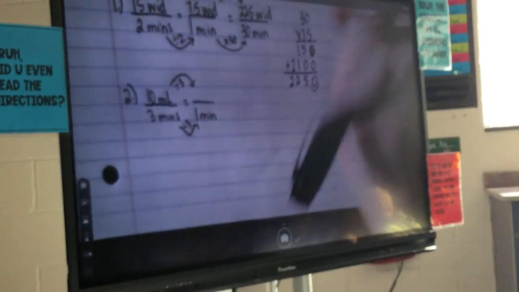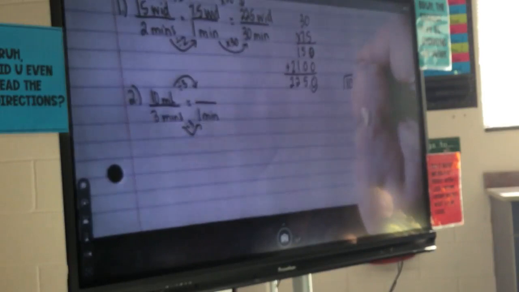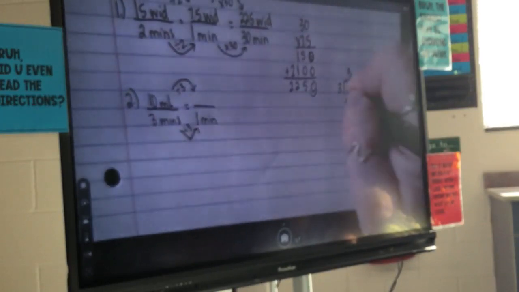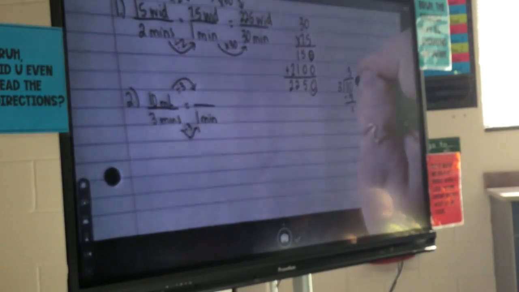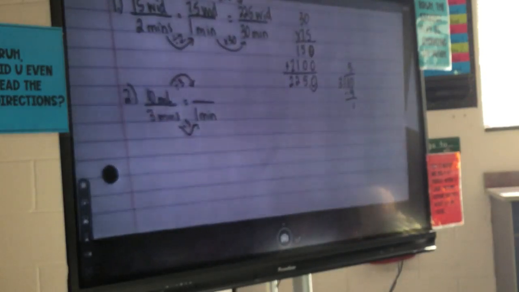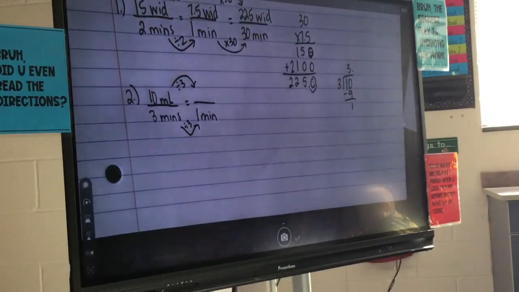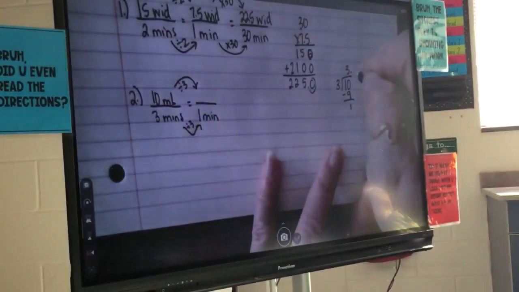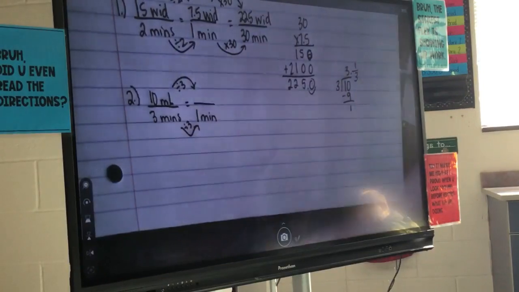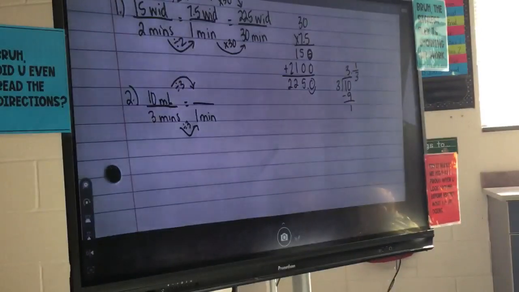Okay, hold on. Let's do our division of 10 divided by 3. And what do you all of a sudden realize? You can do that, but you get a repeating number. So essentially, you end up with 3 1/3. And all of a sudden, it just got hard.